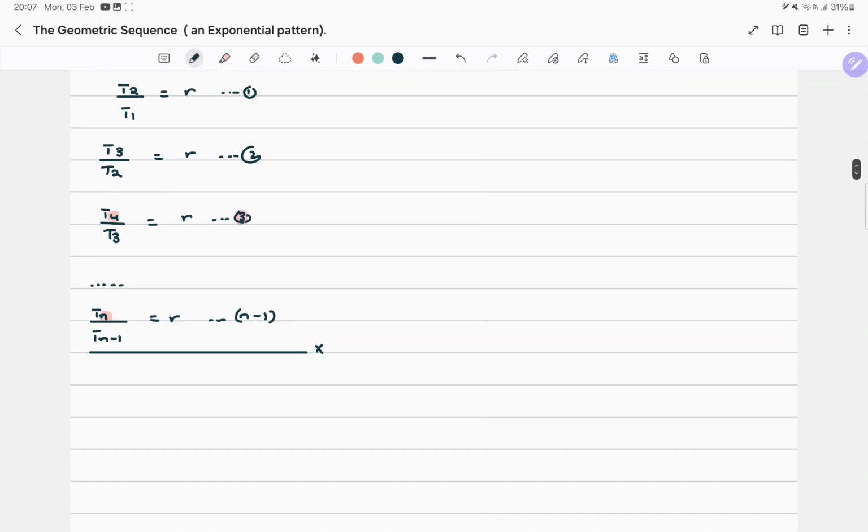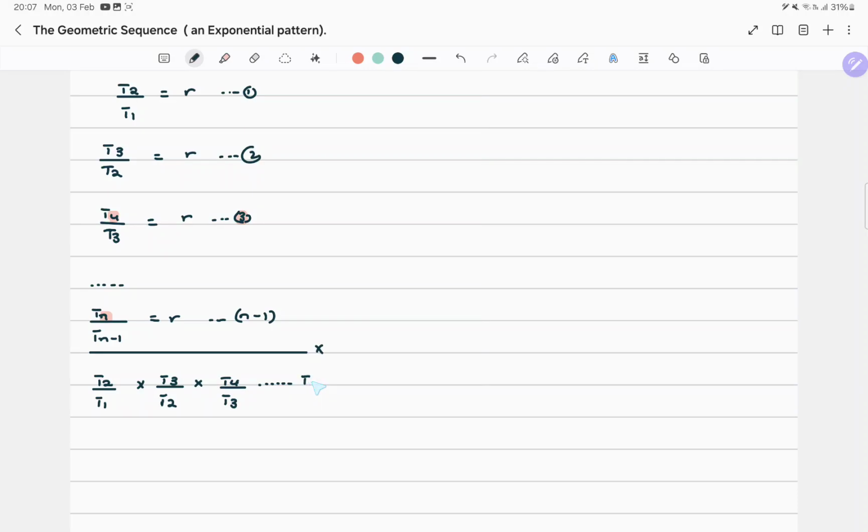Now, guys, what are we doing? We're multiplying each side. So it's going to be T2 over T1 multiplied by T3 over T2 multiplied by T4 over T3, multiplied by, in fact here there's a bit of a gap because there's plenty of terms in the same order.